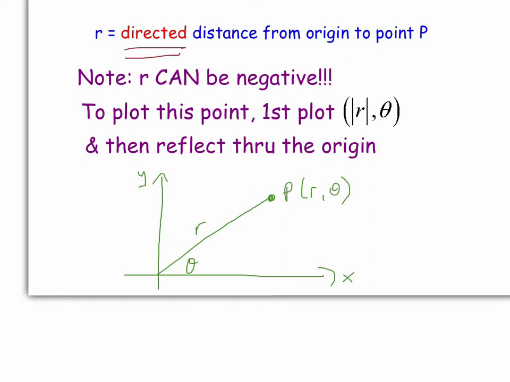So when you want to plot a point that has a negative r value, you would first want to plot the point that would be the positive r value, comma, theta, and then reflect through the origin to get the desired point. And we'll see an example of how to actually do this.